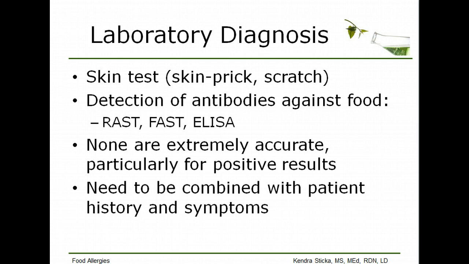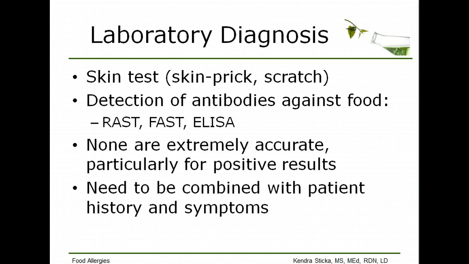So basically this is using different lab procedures to see if there are antibodies in this person against the food, which would tell us that they had produced an allergic reaction in the past, had produced those antibodies. But just because someone has the antibodies doesn't absolutely mean that they have symptoms related to food allergy.